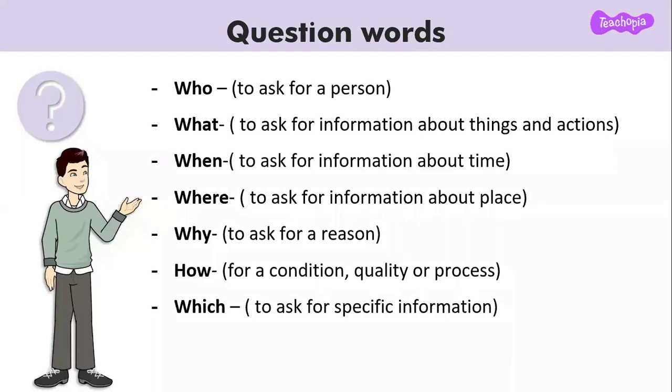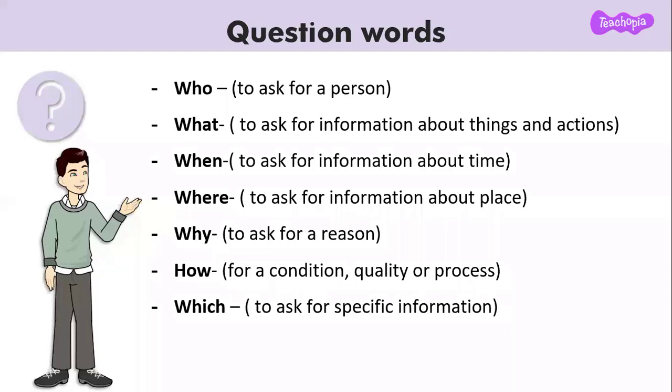Where is used to ask for information about the place or location. Why is generally used to ask for a reason. And how is used as a question starter to ask for a condition, quality, or process about any given topic. And which is a question starter that is used to ask for very specific information.